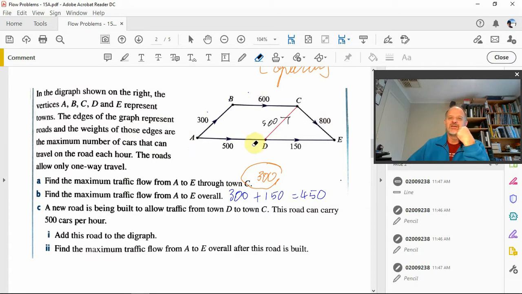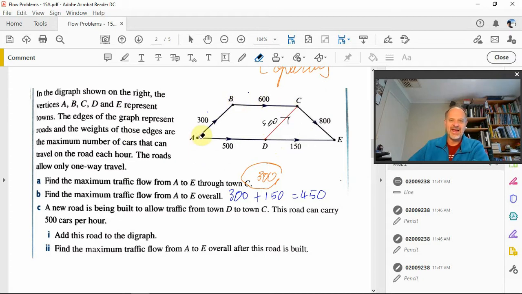We can get 500 to here, and then the fact that they split up there is kind of irrelevant, because the maximum we can get to D is 500. So maybe it splits up, maybe it doesn't, it doesn't matter. But the maximum we're getting out of there is 300 on that road.